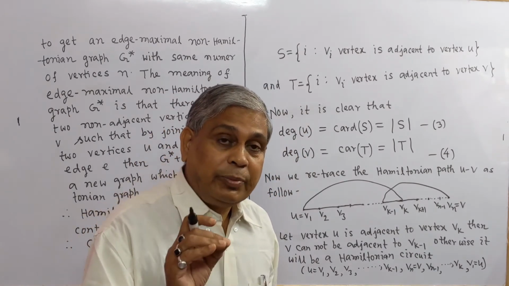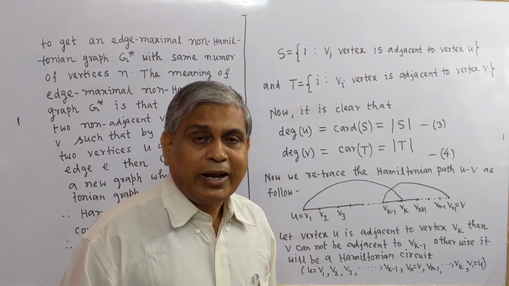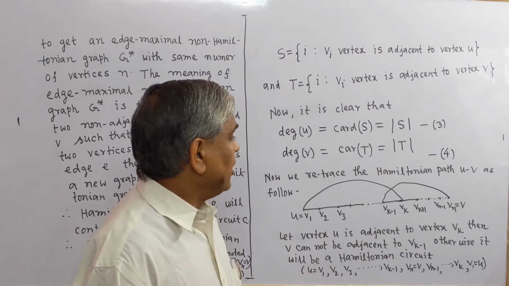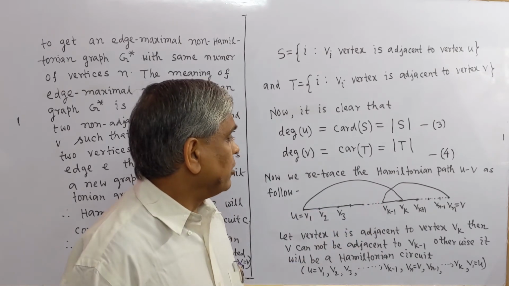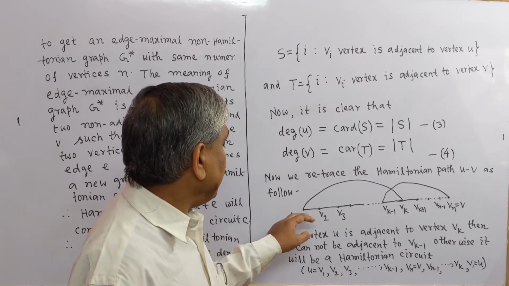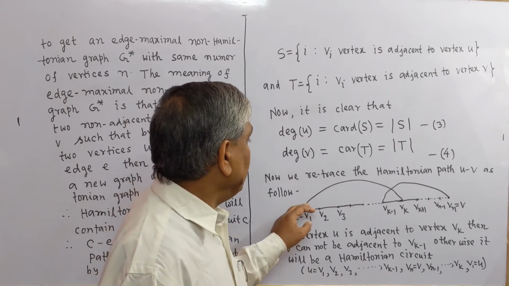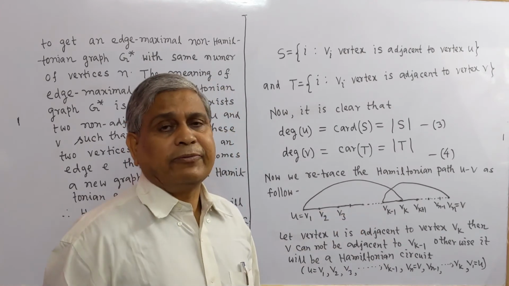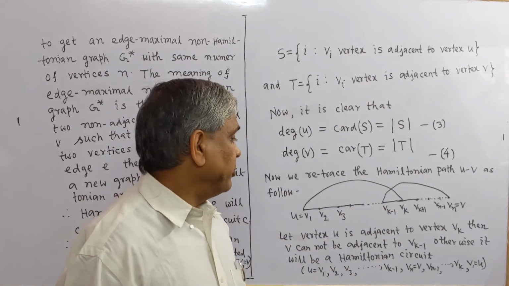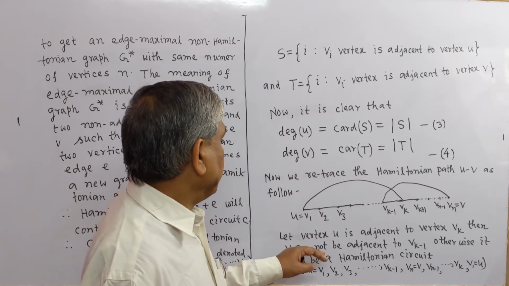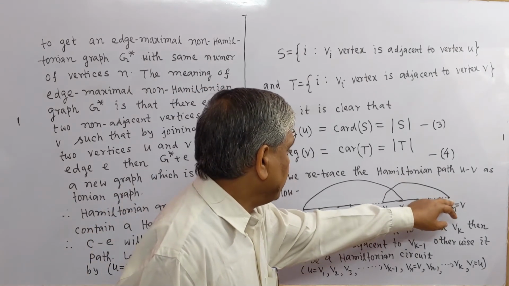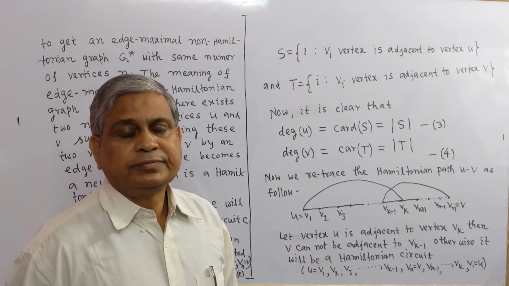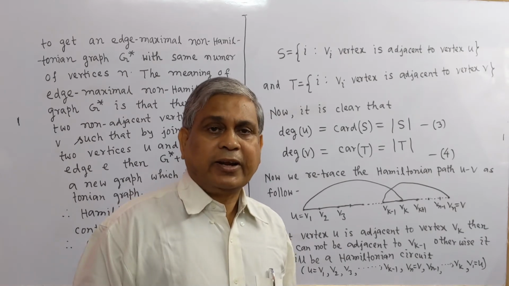Therefore, the graph will be a Hamiltonian graph. And this is the graph G star, because we have deleted the edge joining U and V. Then also this becomes a Hamiltonian graph. Therefore, this edge joining V and Vk minus 1 is not possible. Otherwise, it will be a Hamiltonian graph.